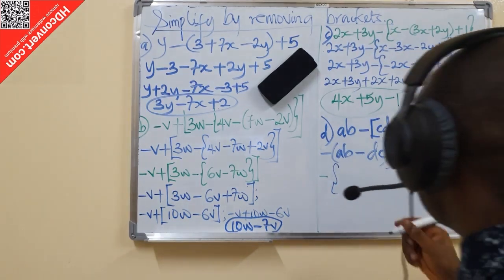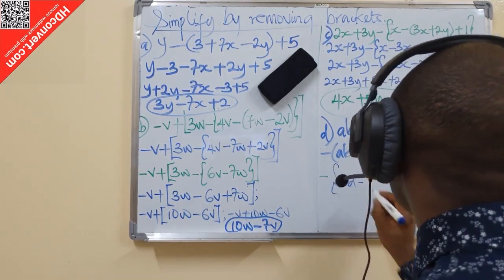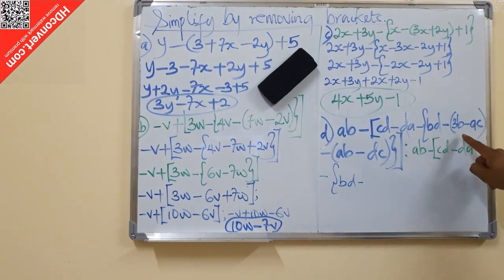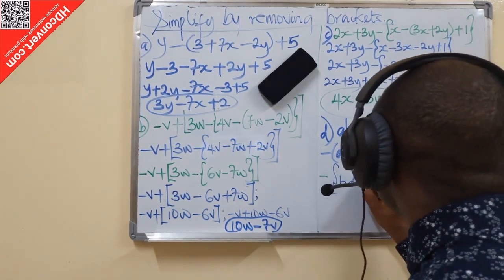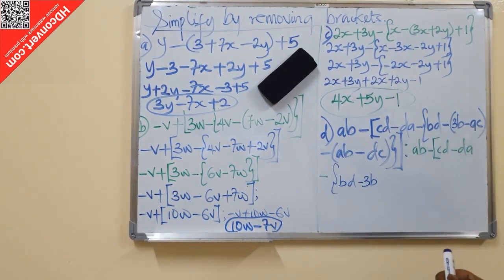The first thing we have in the curly bracket is BD. BD minus, we can open the bracket we're having now. Now when negative multiplies everything in this bracket, the signs will change. 3B was initially positive, but because we are multiplying it by a negative sign, it's going to change to negative 3B. This was negative AC.